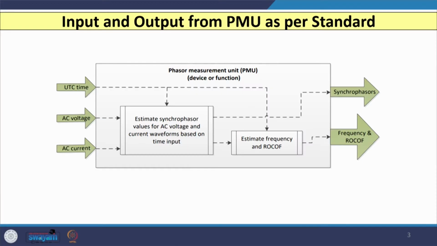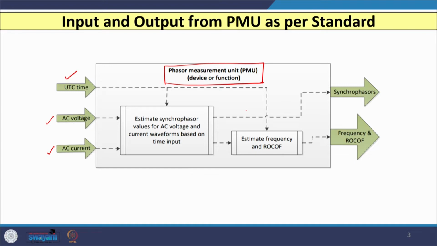If I consider this as our phasor measurement unit, then the input given to it is AC voltages, usually bus voltages, and AC currents, usually feeder currents of all the feeders connected to the substation, and the third is the universal time clock signal.